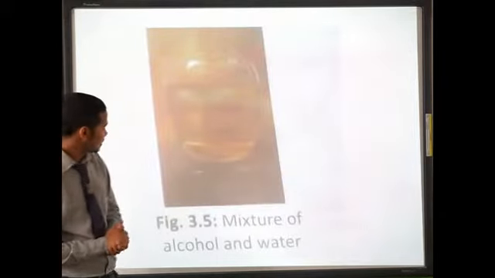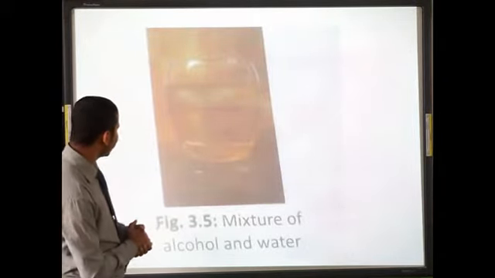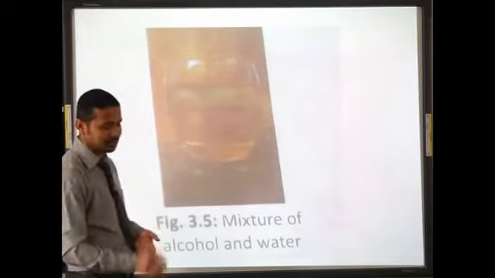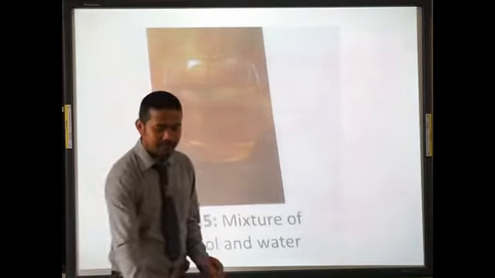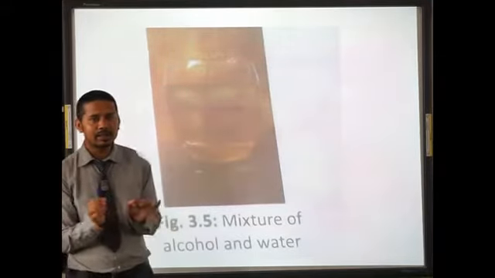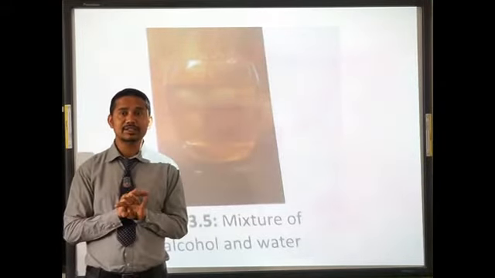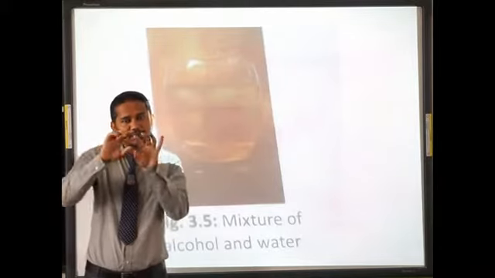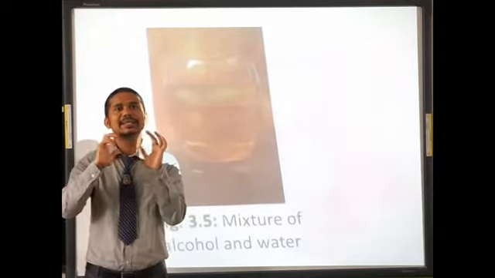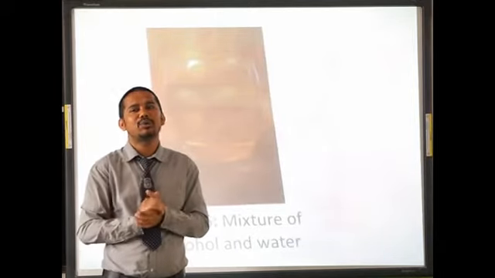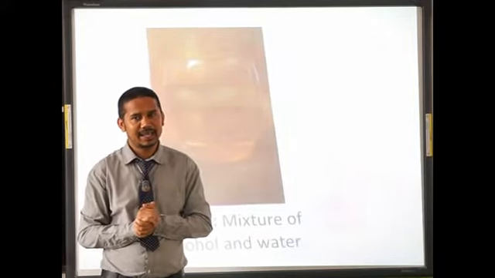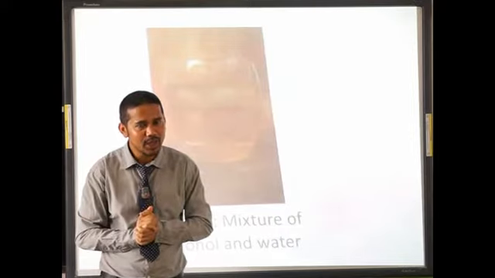Then this is a mixture of alcohol and water. If you mix alcohol in water, they will mix uniformly and form a single layer. If you mix mustard oil in water, can they mix uniformly?